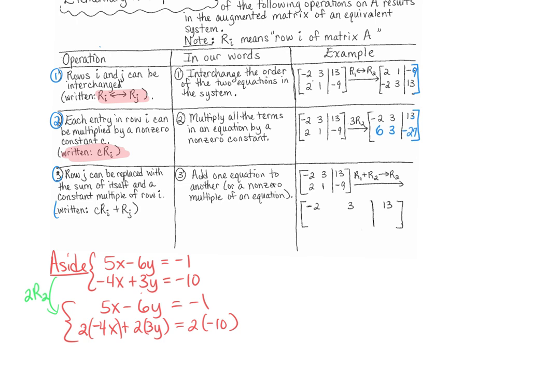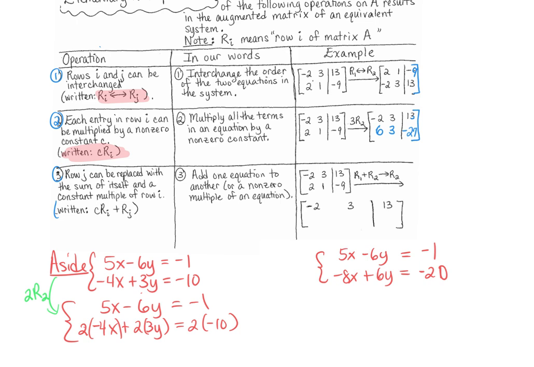Now, in our system, that became 5x minus 6y equals negative 1. Row 2 became negative 8x plus 6y equals negative 21. Negative 20, right? Not 21, negative 20. Thank you.